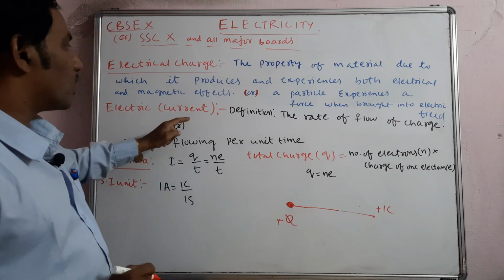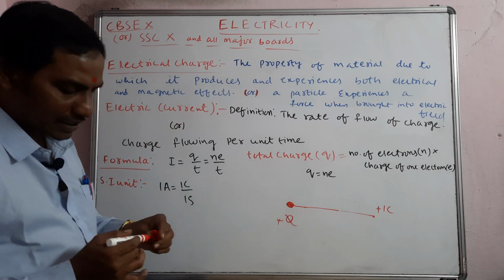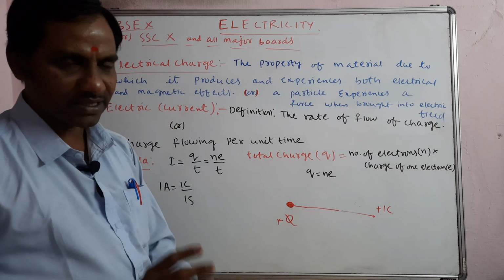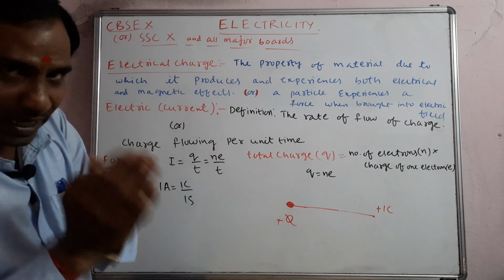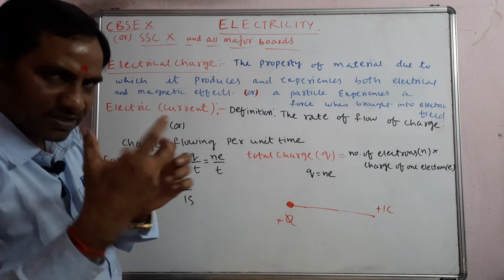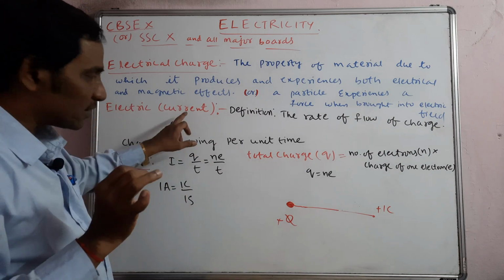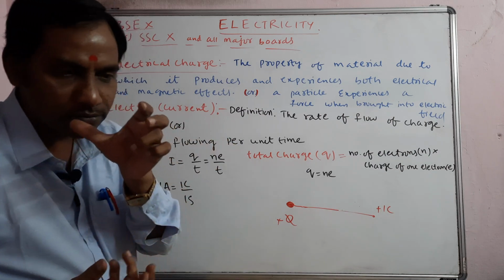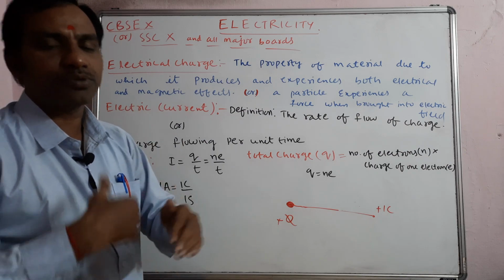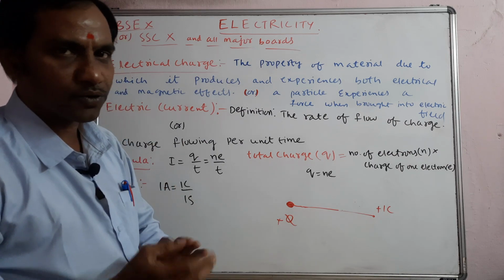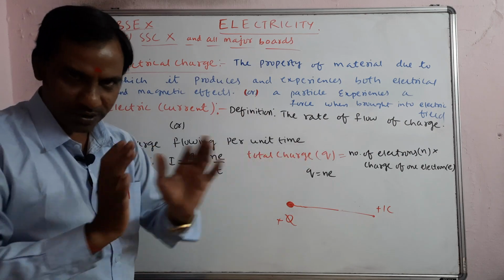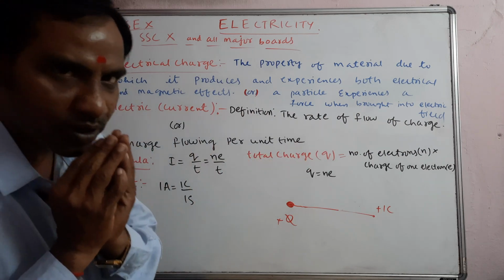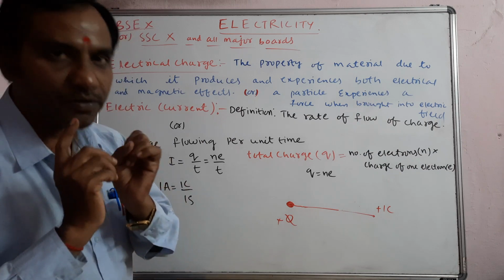Now coming to the next: electric current. Electric means related to charge, and current actually means motion, the movement of particles. So current is the rate of flow of charge, because the word rate means with respect to time.